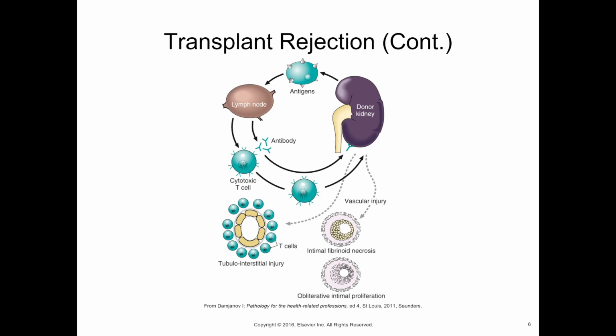That results in vascular injury, which, as you will learn about with the clotting cascade, can cause blood clots. It can lead to DIC, which is diffuse whole body coagulation of blood, which is a deadly event. You get damage to the organ itself as well. So remember, this organ has been put in and it's supposed to function as a normal kidney. It's no longer doing that because it's been damaged.